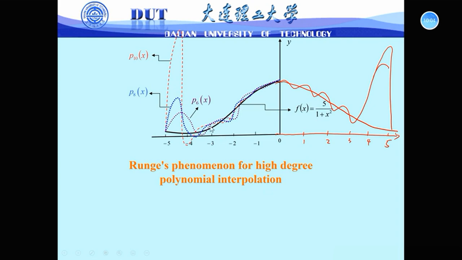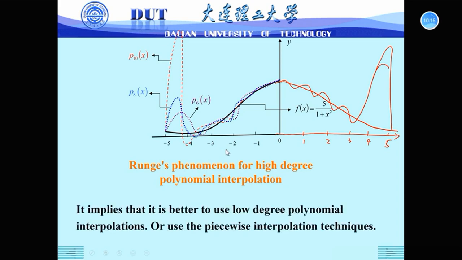Okay, so this result shows us we cannot use high degree polynomial interpolation because we don't have convergence. So it's better to just use low degree polynomial interpolation. In applications, we usually use cubic, degree 4 and 5.